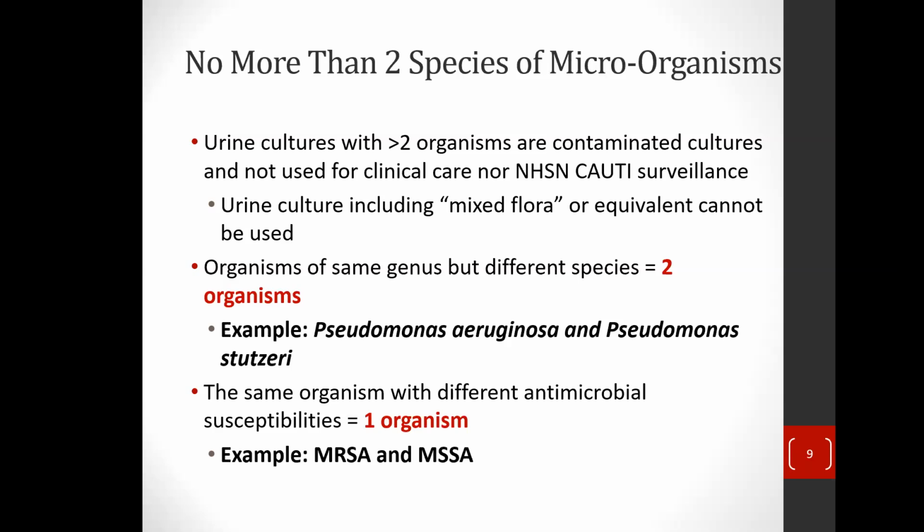An organism of the same genus but 2 different species are considered 2 separate organisms. We know there's a lot of bacteria in what is considered the same family. So there's a lot of Pseudomonas bacteria out there in that family, just like there's a lot of Gilberts out there in the world.